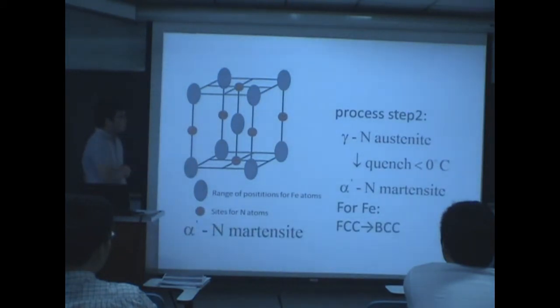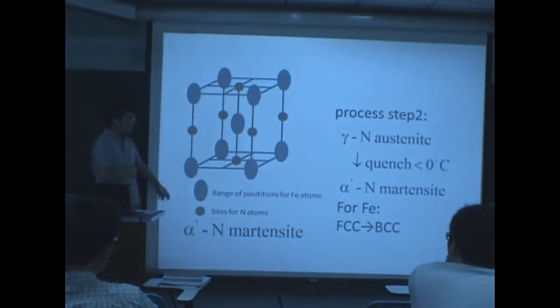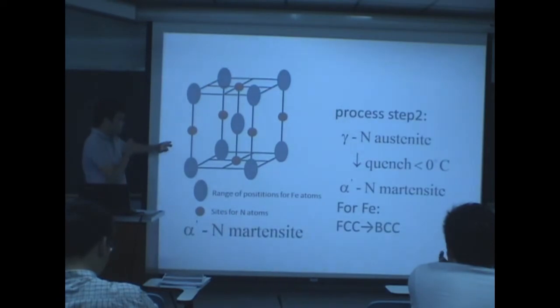And in step two, martensite is obtained by quenching. During the quench, the iron arrangement changes from FCC to BCC. However, nitrogen has no time to move from the interstices.